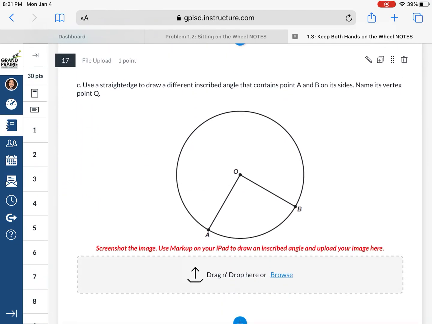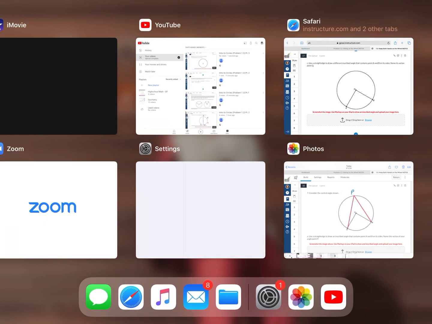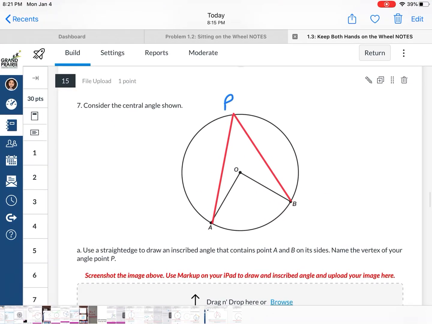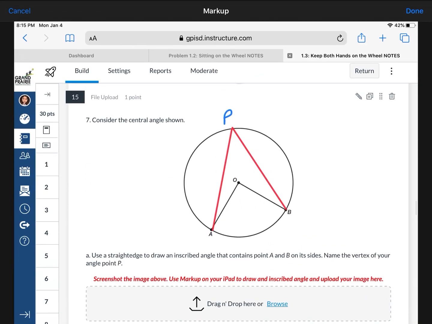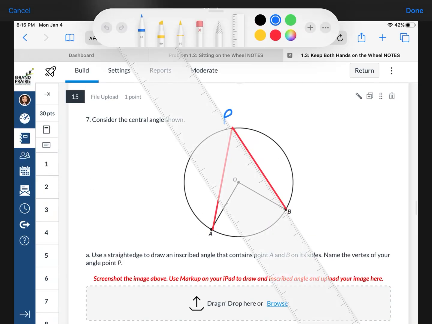Now they want us to use a straight edge to draw a different inscribed angle that contains points A and B as well on its sides, but this time we're going to name its vertex point Q. Since you should have already uploaded the previous picture, I'm going to draw it on top of the picture that I already had, for comparison reasons.